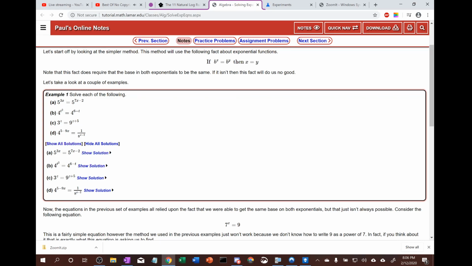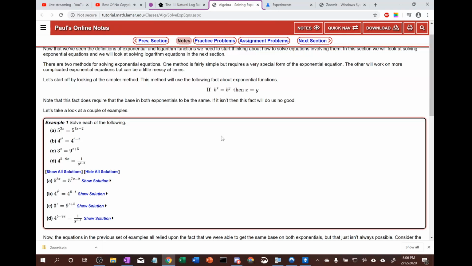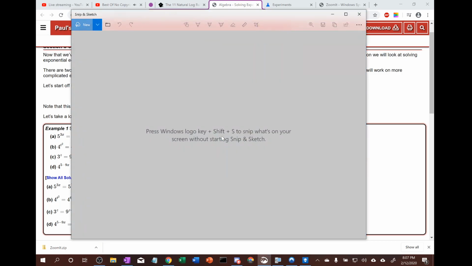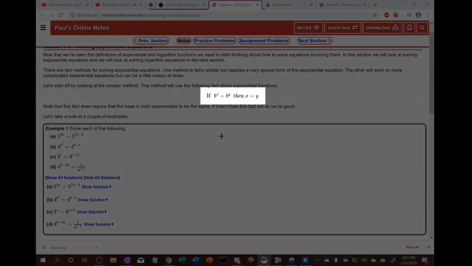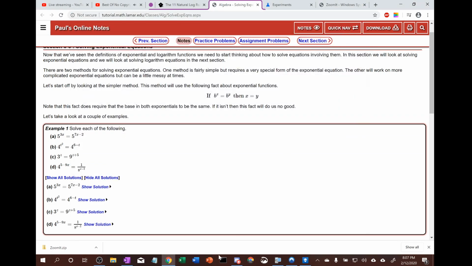Wait, these are the same ones. Okay. We definitely want to look at these rules here. So this is coming from Paul's notes.